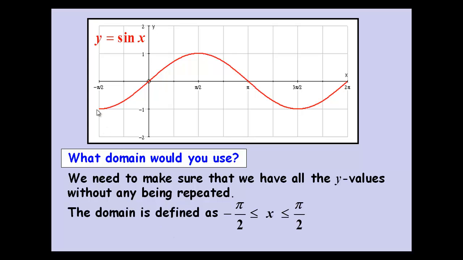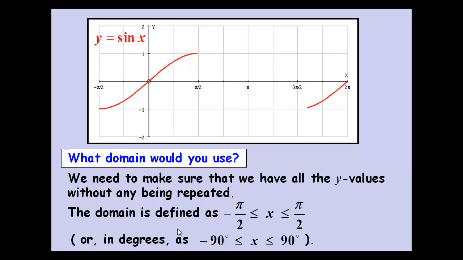And hopefully you spotted that for yourself. If we go between minus pi over 2 and pi over 2, we achieve just that. Between minus 90 and 90, or minus pi over 2 and pi over 2 in radians. So that's it. That's the part of the sine graph we use to find the inverse.